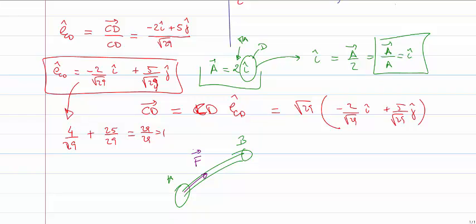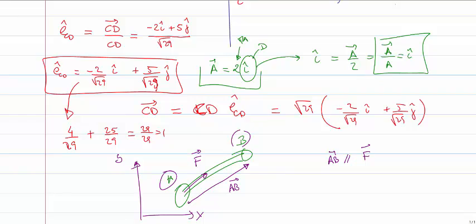If you actually have that bar, well, you can take measurements. You can pick a coordinate system, 2D, 3D, doesn't matter, and you can measure the coordinate of A and the coordinate of B. The great thing about unit vector is now you can superimpose the position vector AB, and you know that this position vector AB is parallel to F, which is the one that you're looking for.